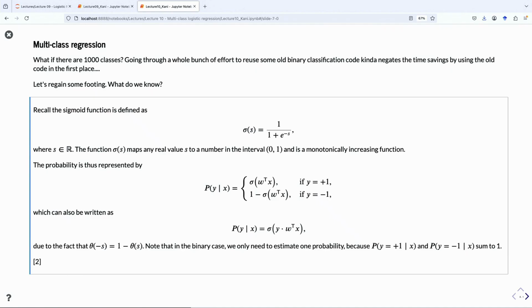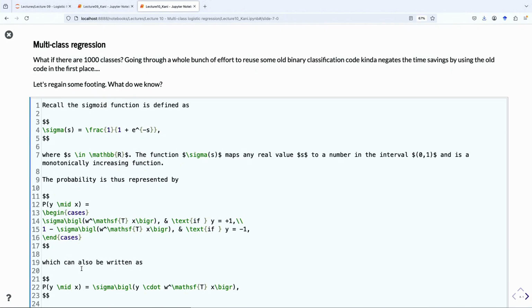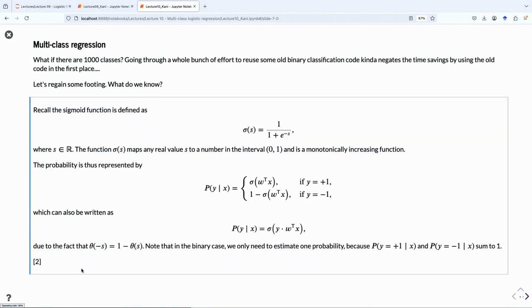I'll fix this later. In the binary case, we only need one probability because the probability that y is equal to +1 and the probability that y is equal to negative 1 sum to 1. That's the major thing. Over here, we only needed one probability.